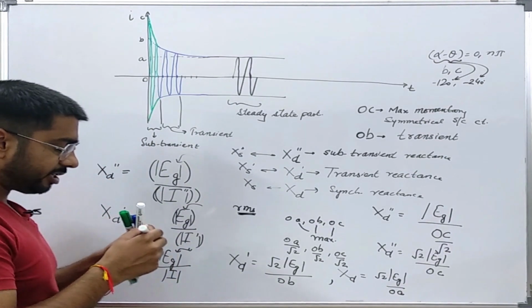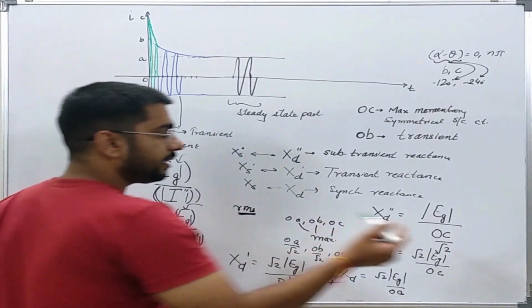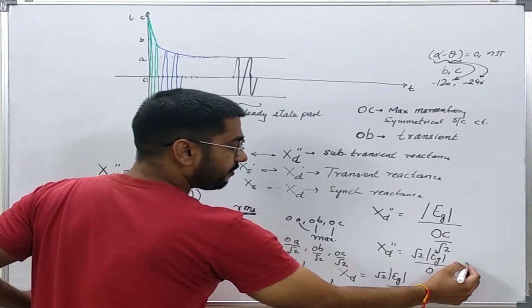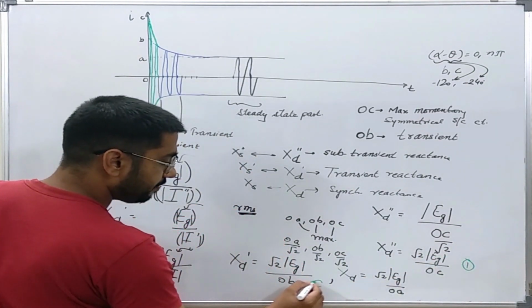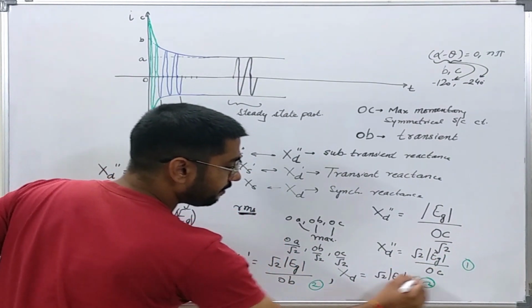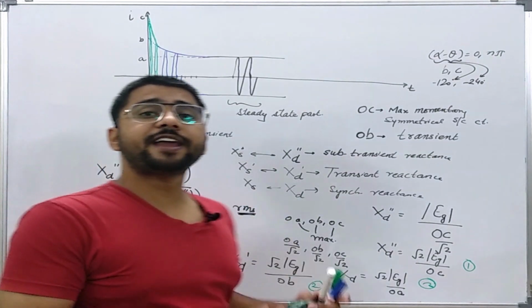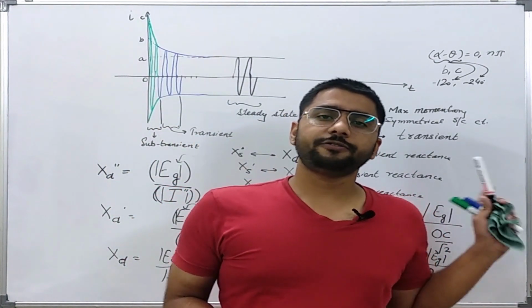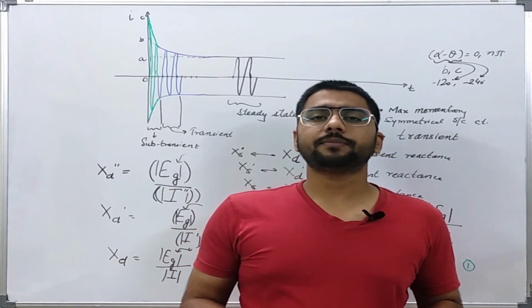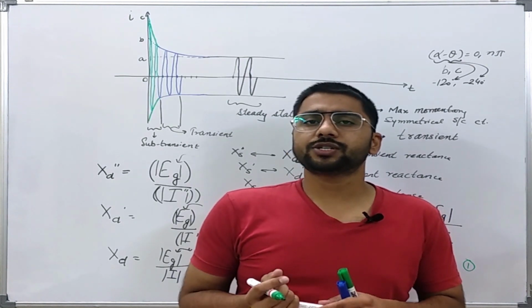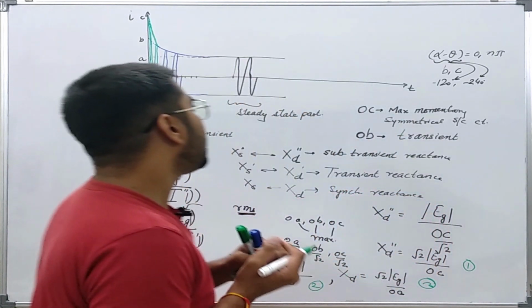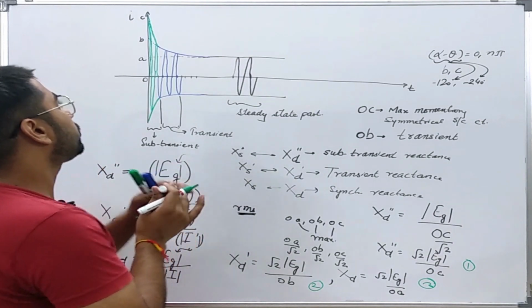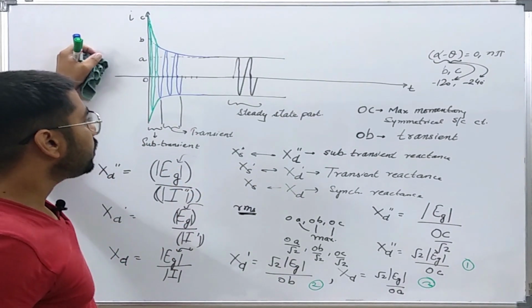So these three equations, let us say equation number 1, equation number 2, and equation number 3, are the defining equations for the various types of reactances offered by a synchronous machine during a short circuit. Okay, and these can be calculated through this oscillogram.